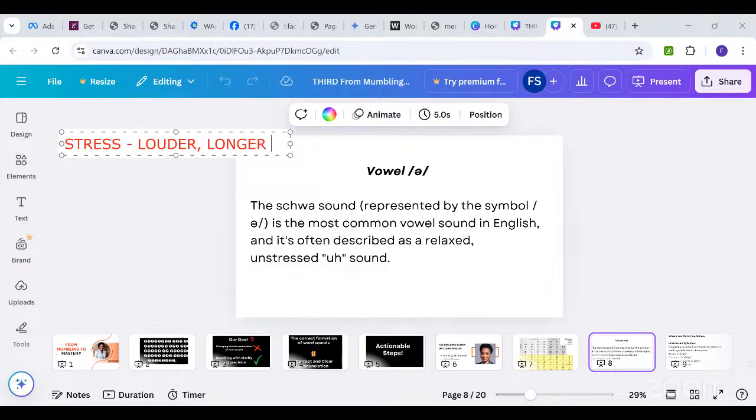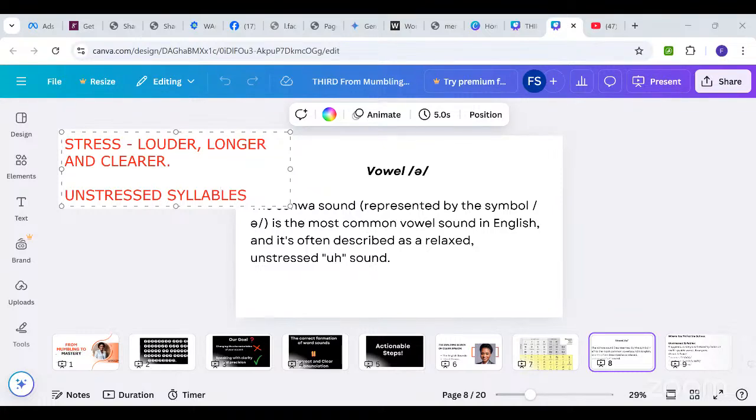Now, there are two types of stress. We can have the primary stress and the secondary stress. Today, we are focusing on the unstressed syllable, not on the stressed syllables. So for every unstressed syllable that we have in a word, the vowel in such a syllable is usually changed, or should I say, reduced into a schwa.